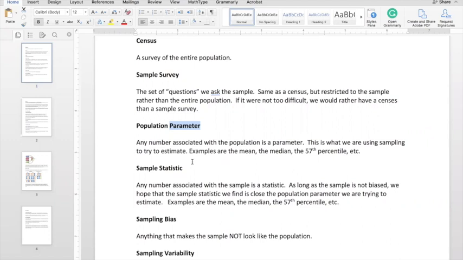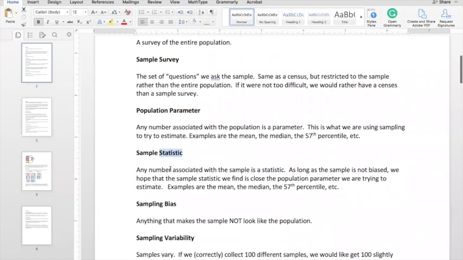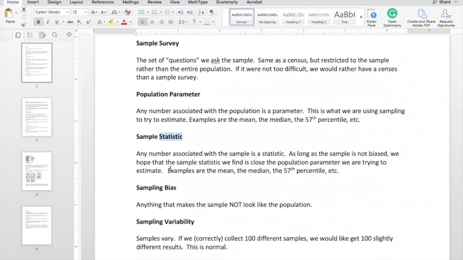Any number associated with your population is called a parameter. That same idea, but coming from your sample, we call a statistic. So your sample mean would be a sample statistic. Notice the P's go together and the S's go together.